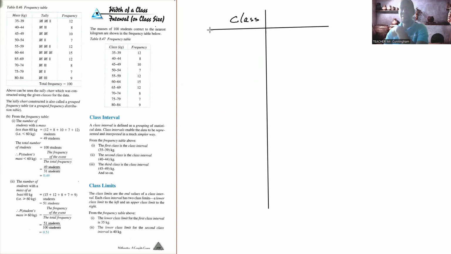Let's say we have a class and its frequency, how often an event occurs. Just writing it bigger so everybody can see: 35 to 39. This is the first interval or first group. The second group is 40 to 44.